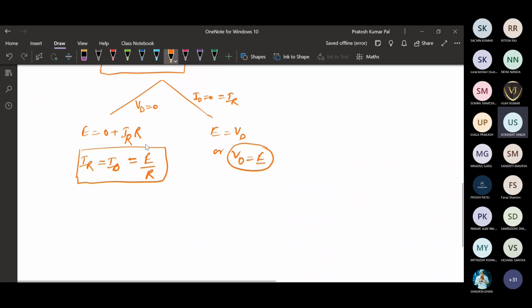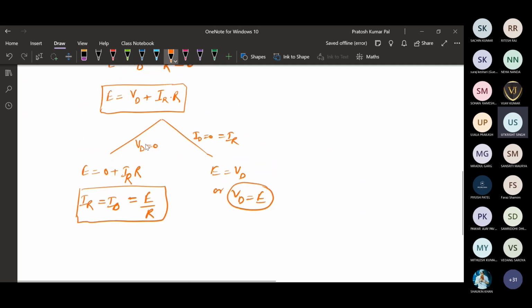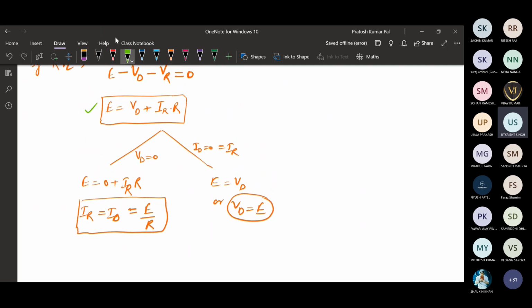This equation itself defines the DC load line.